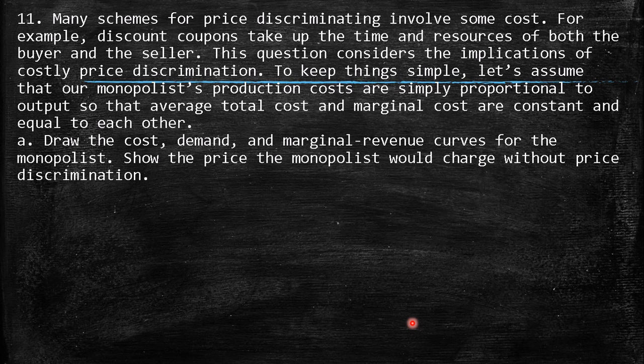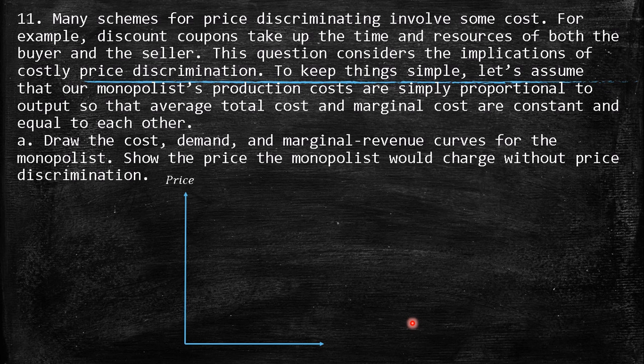To keep things simple, let's assume that our monopolist's production costs are simply proportional to output, so that average total cost and marginal cost are constant and equal to each other. So the question is: draw the cost, demand, and marginal revenue curves for the monopolist. Show the price the monopolist would charge without price discrimination.